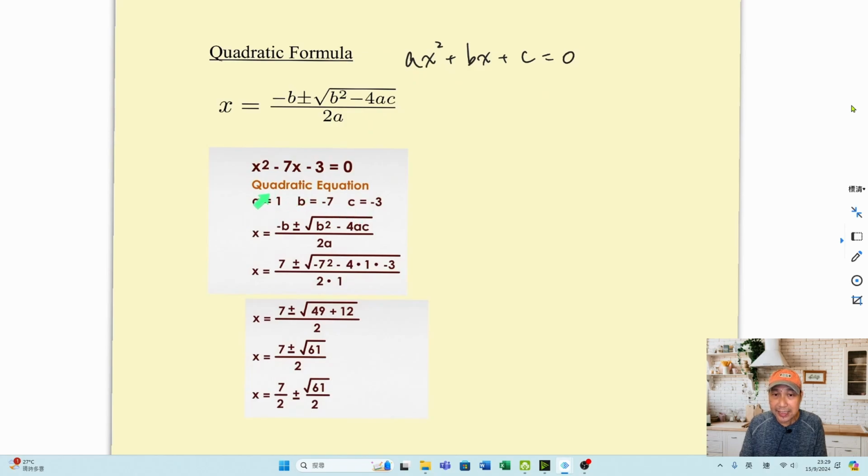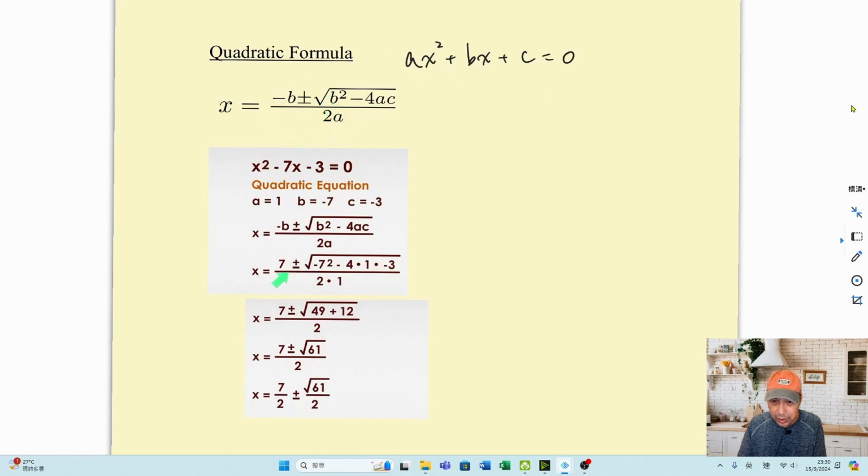And then the roots of this equation can be obtained by substituting a, b, c into the formula. So a is 1, b is negative 7, c is negative 3. Put all the numbers in the formula.